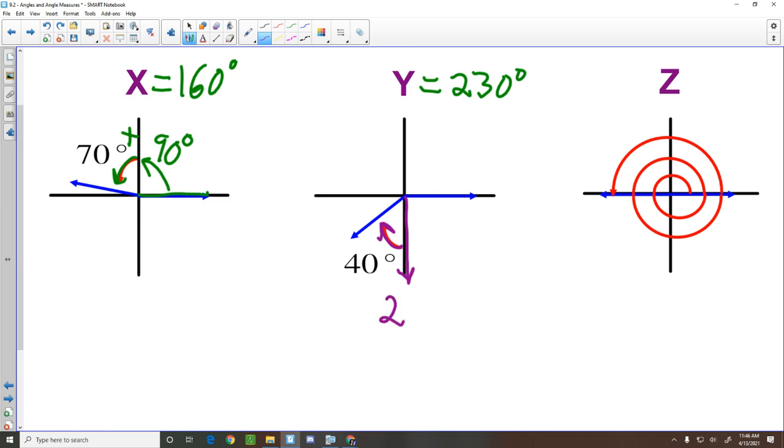So if we start from 270 and go clockwise, which is backwards, you want to think negative, right? Because clockwise is a negative number. If I'm at 270 but I go backwards 40 degrees, or I subtract 40, what number would we get to? That's right, 230. So you can do it that way also, and you're still going to get the same number. How many of you did have 230 for angle Y for this middle one? All right, good.